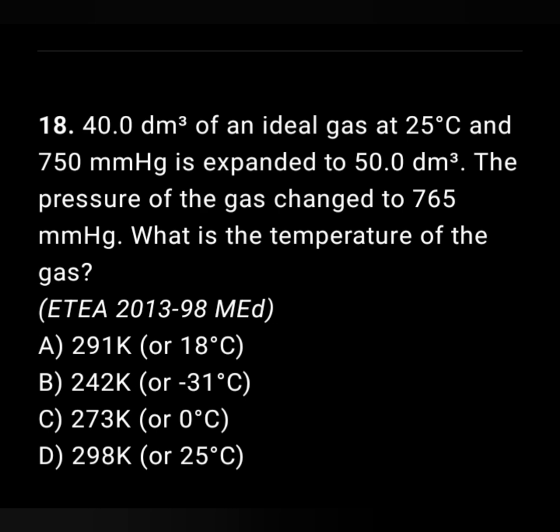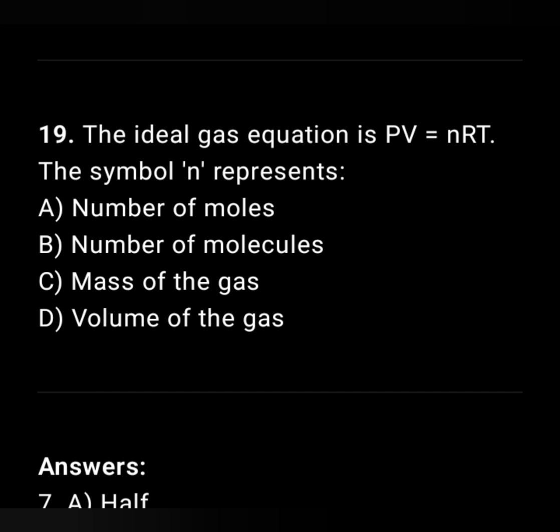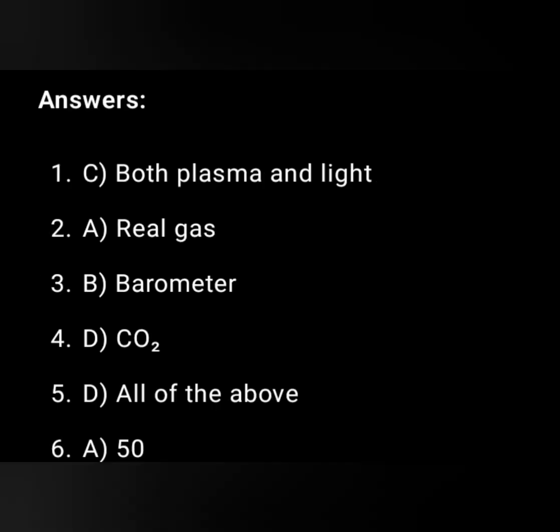B. 242 K, or minus 31 degrees Celsius. C. 273 K, or 0 degrees Celsius. D. 298 K, or 25 degrees Celsius. 19. The ideal gas equation is PV equals nRT. The symbol n represents A. Number of moles. B. Number of molecules. C. Mass of the gas. D. Volume of the gas.